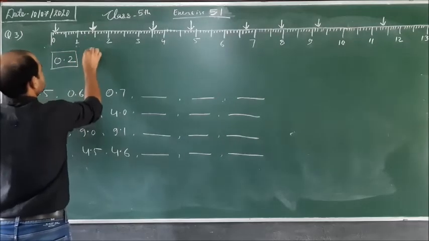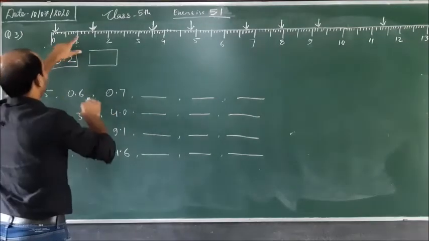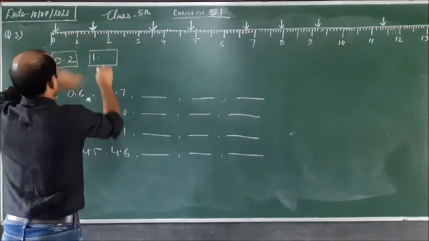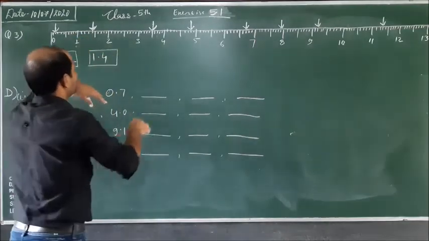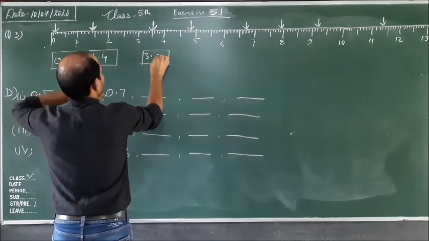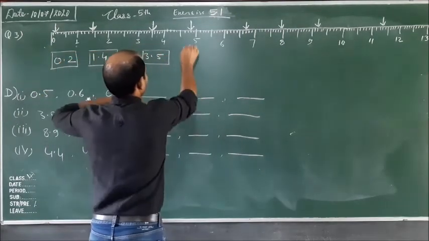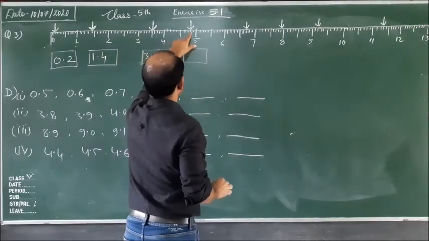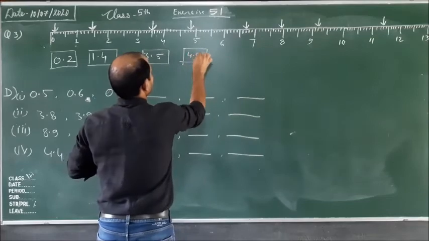Now the second one is 1.4. The third we write as 3.5. This number is 4.8.